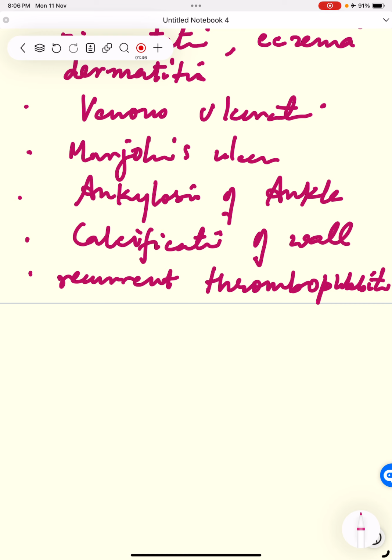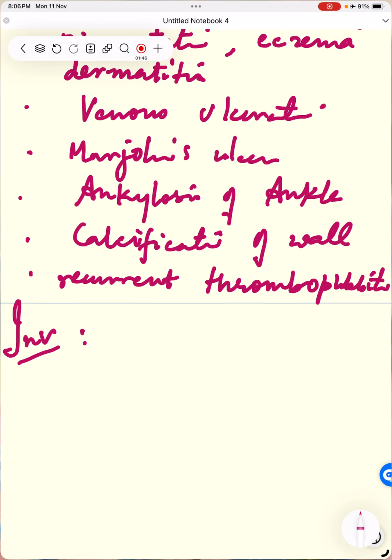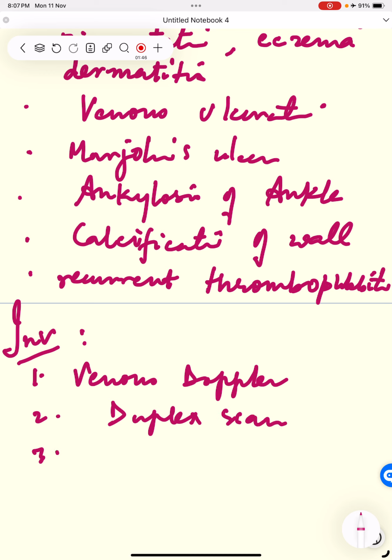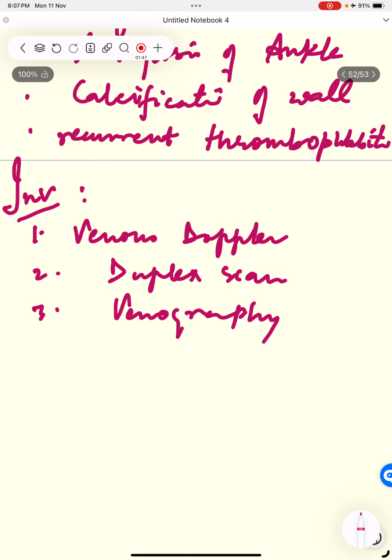Now, when it comes to diagnosis, it is usually the clinical presentation that helps us to diagnose a case. But of course, we can go for certain investigations, like venous Doppler, duplex scan, and venography to see the extent and the type of varicose vein.